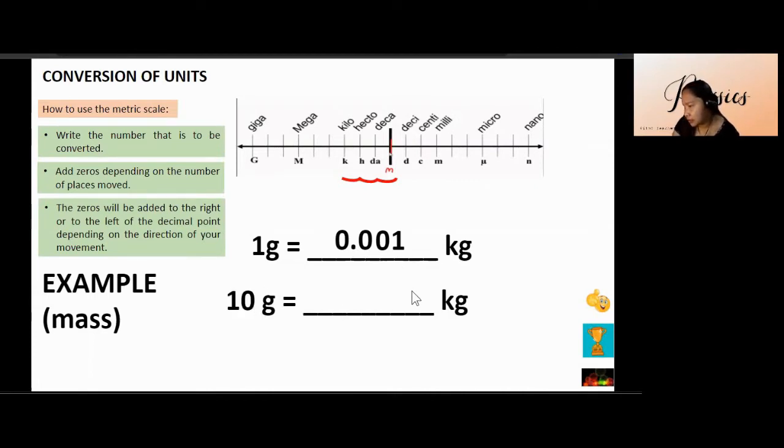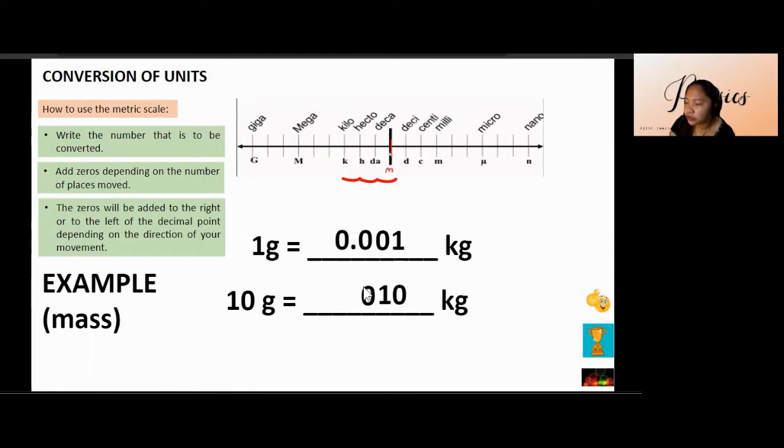10 grams. So the decimal point is after 0 here. We need to move 3 places to the left. So we have to include the places of the 10. So this 1, 2, and we need to add 1 more. So fill the place with 0.